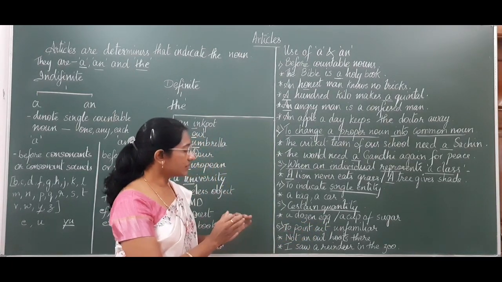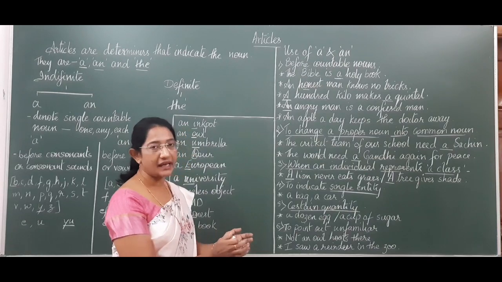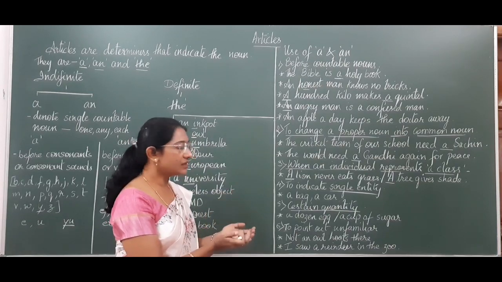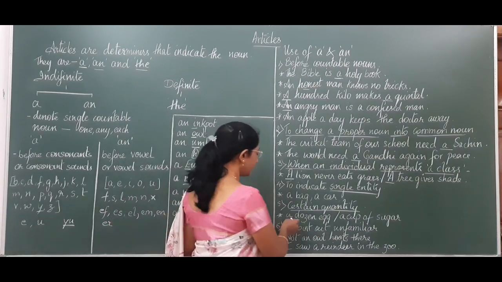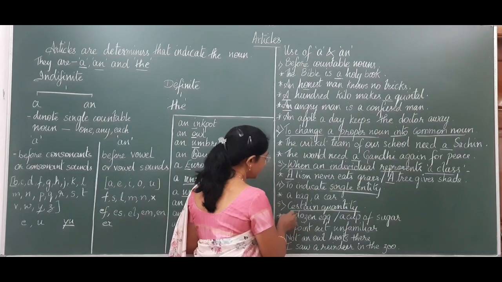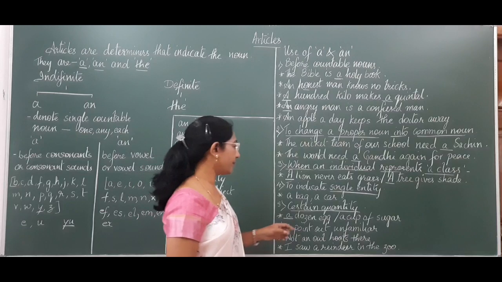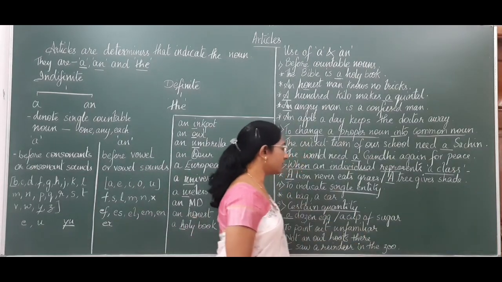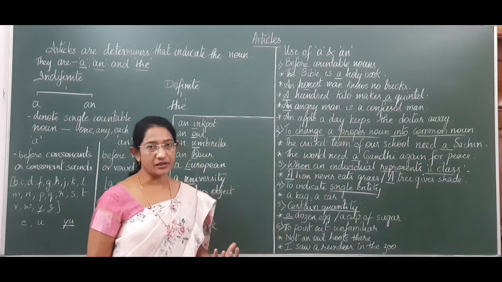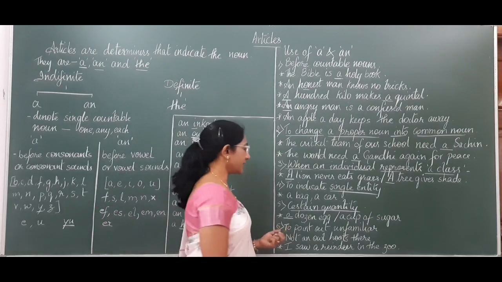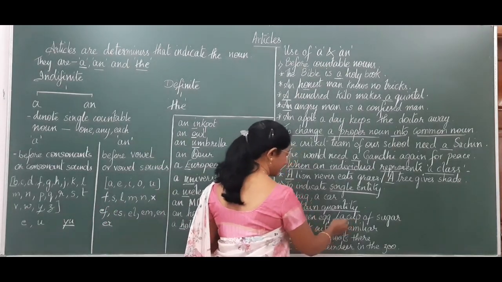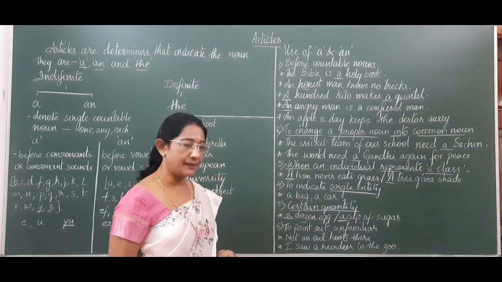Though it is a plural form, it shows a quantity in a singular form, so we use the indefinite article a. A cup of sugar, shown as a quantity. Again we use the indefinite article a.